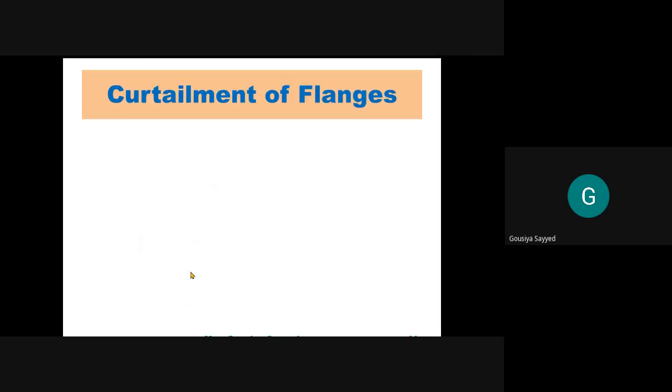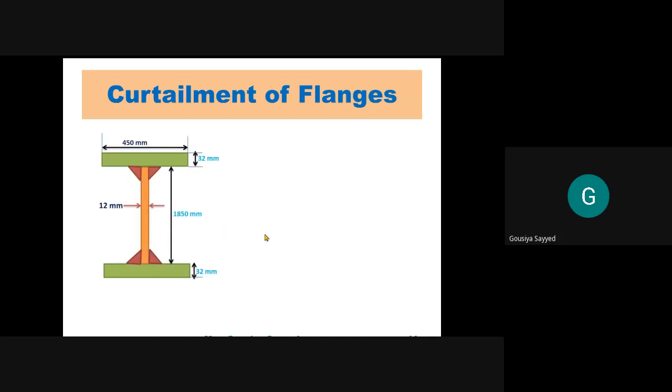So let's go. What is the curtailment of flange? This is a section along the center line of the plate girder. As per the design, the size of the flange is 450 by 32. The web dimension is 1850 by 12 mm.